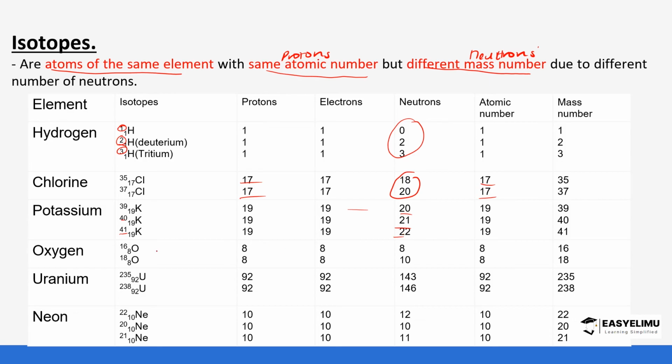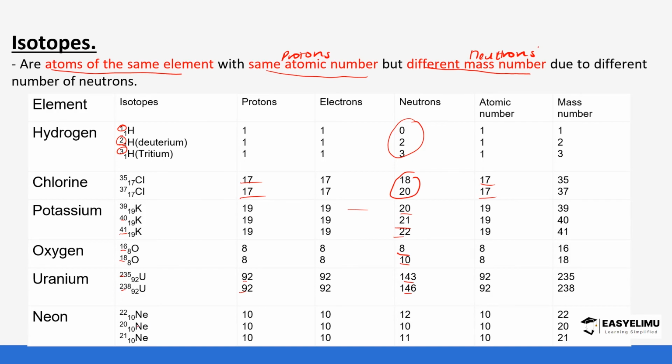And another example is oxygen. We have 16 and 18, and you see one has 8 neutrons, the other one has 10 neutrons. We have uranium 235 and uranium 238. One has 143 neutrons, the other 146. But you can see the number of protons are the same in both cases.